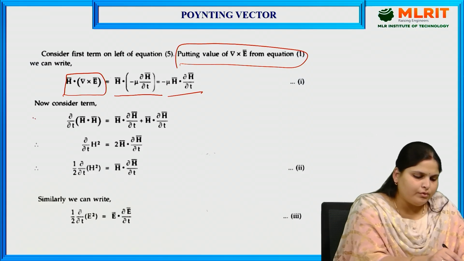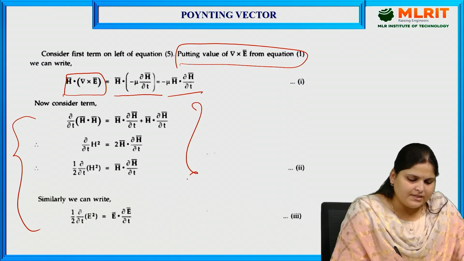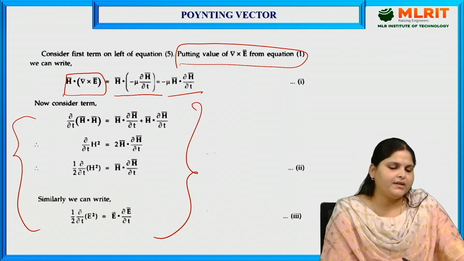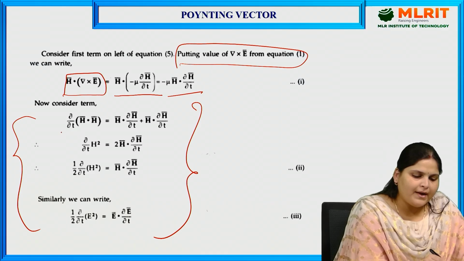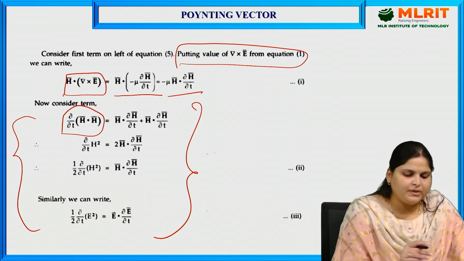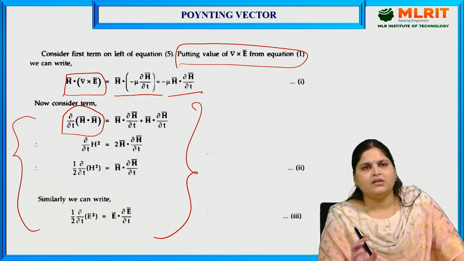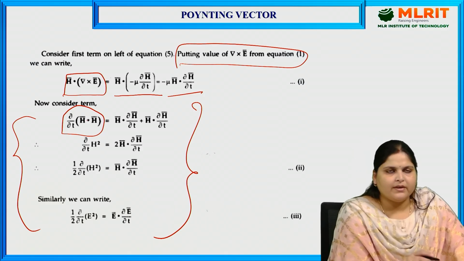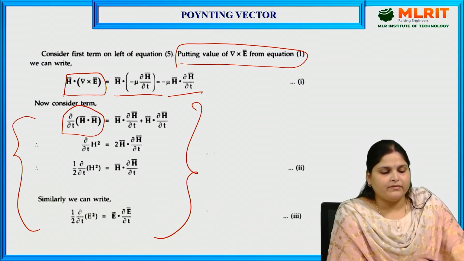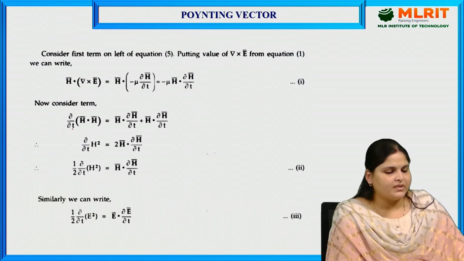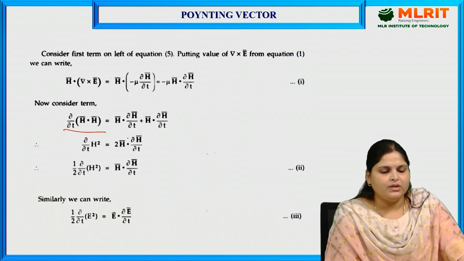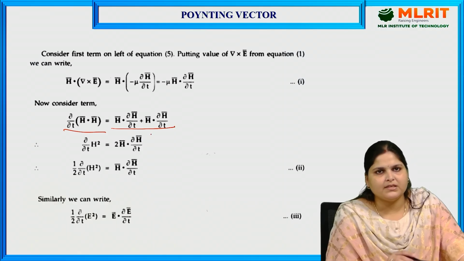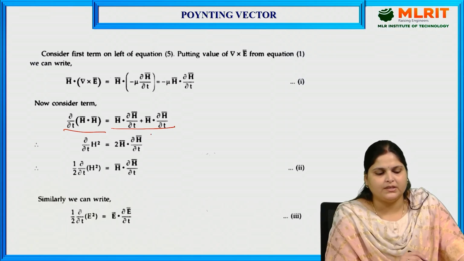Now we have to consider a few terms and rewrite this equation. Let's consider one term, dou by dou t of H dot H, the dot product of the same vector H. It becomes H dot dou H by dou t plus again H dot dou H by dou t.